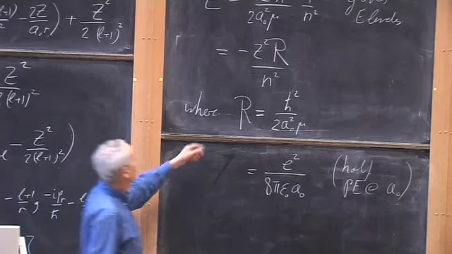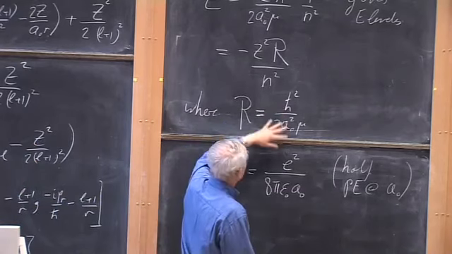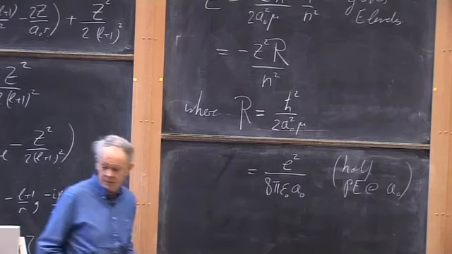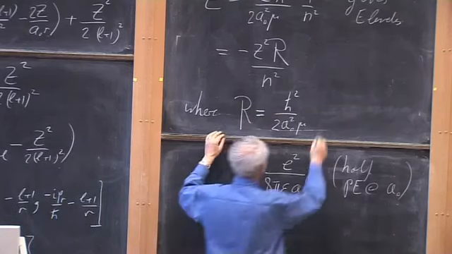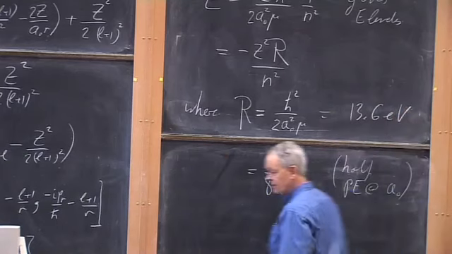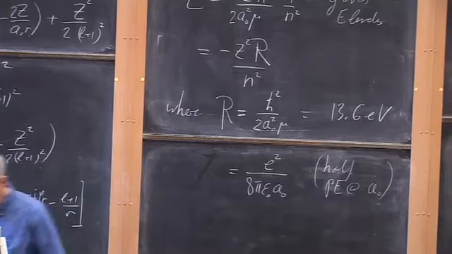And so this is the fundamental energy scale of atoms. And what is it equal to? 13.6 electron volts, 13.6 to 3 significant figures.